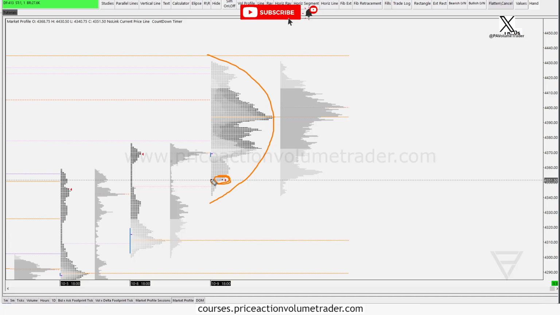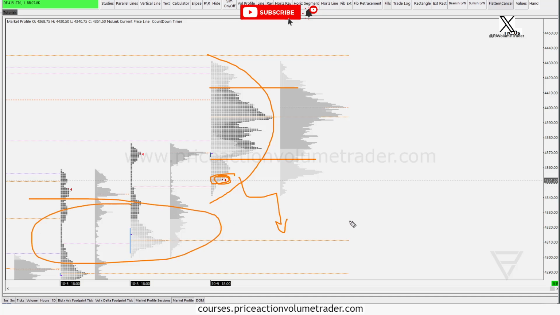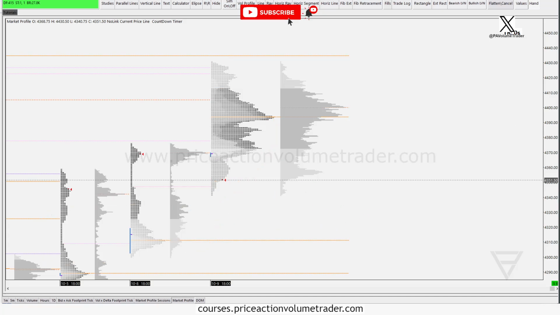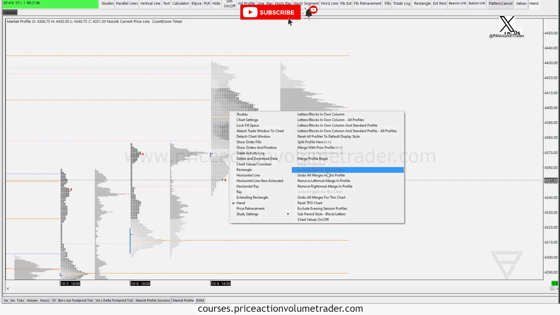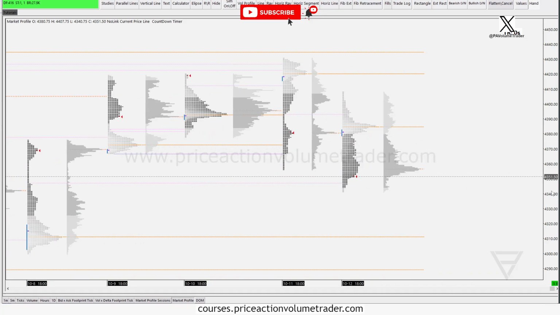And you can see we're closing right below this value, and this is important information, because as you can see, we're now closing outside of the value area. So this could lead to an imbalance and for price to come look for prior areas, etc. Okay, and then I can just undo everything and it goes back to normal.